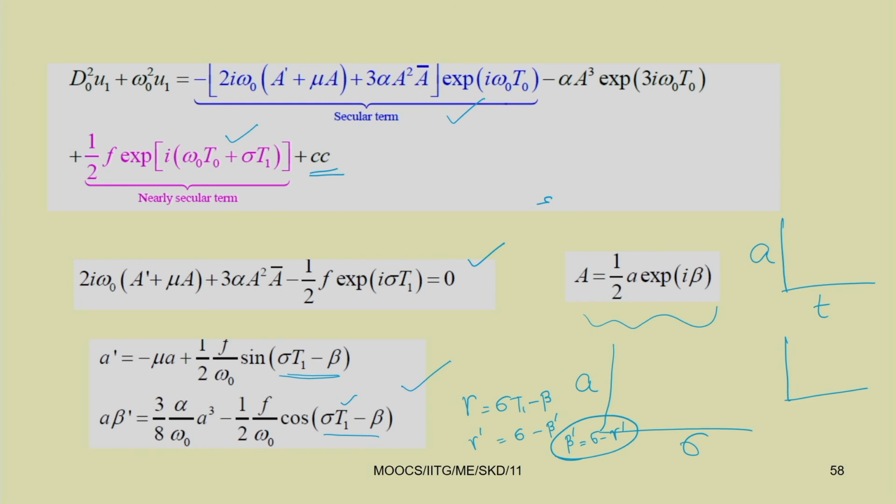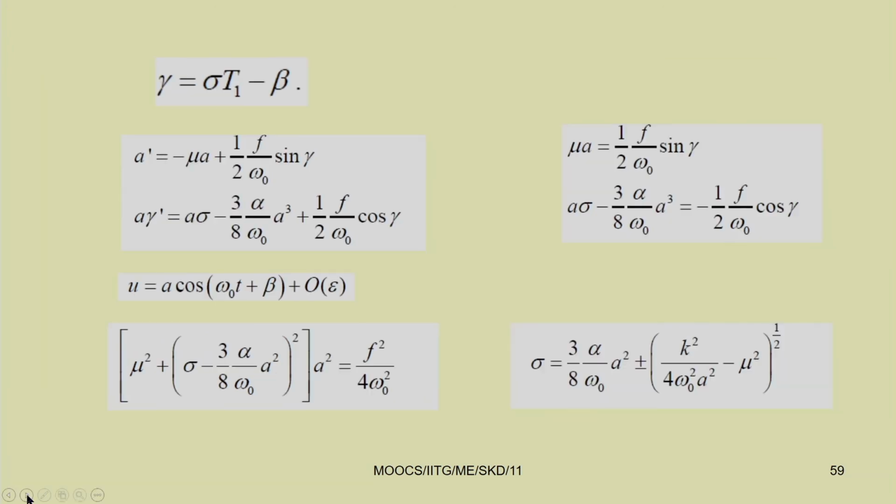Substituting gamma equal to sigma t 1 minus beta, we can write a dash equal to minus mu a plus half f by omega 0 sin gamma, and a gamma dash equal to a sigma minus 3 by 8 alpha by omega 0 a cube plus half f by omega 0 cos gamma. For steady state, a dash and gamma dash will be equal to 0.